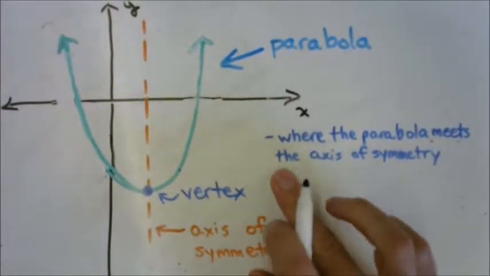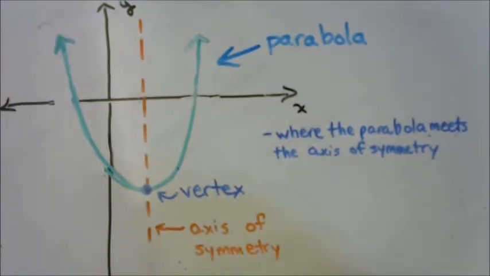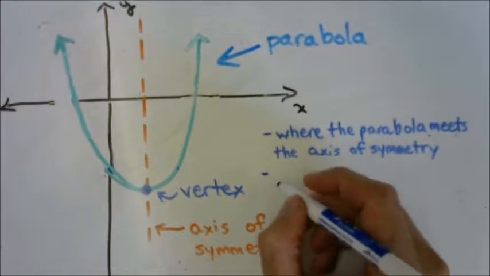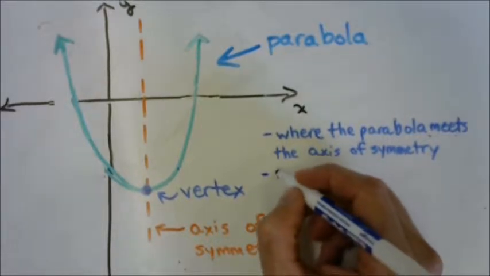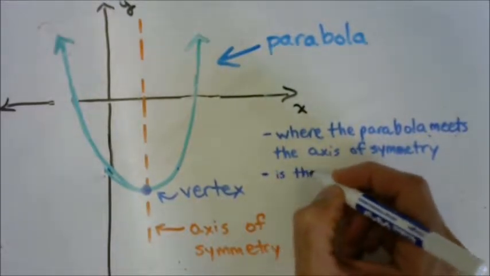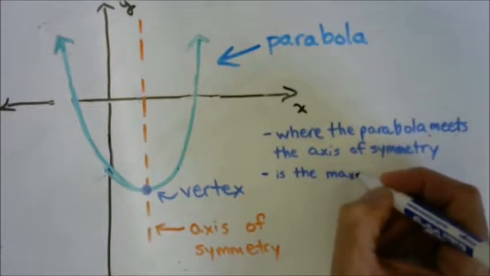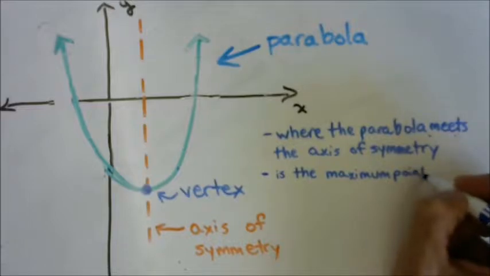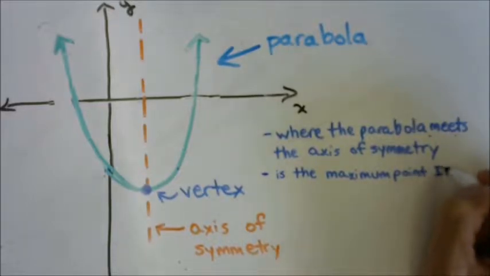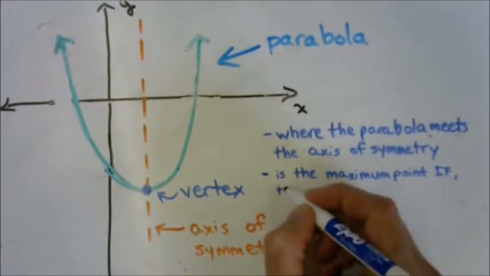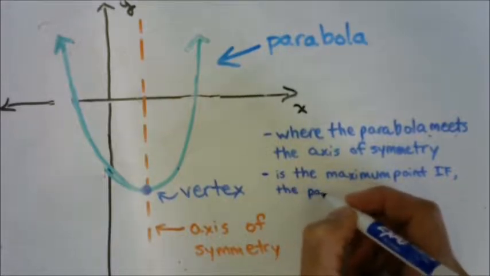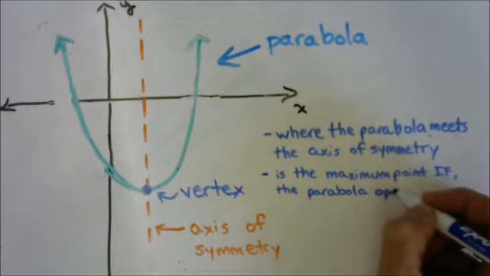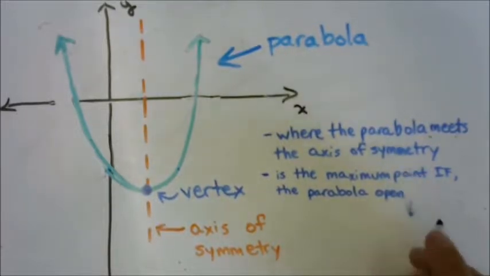We'll make a couple other notes on the vertex underneath. No, we'll make them right here. We'll see if they fit. The vertex is the maximum point if the parabola opens down.